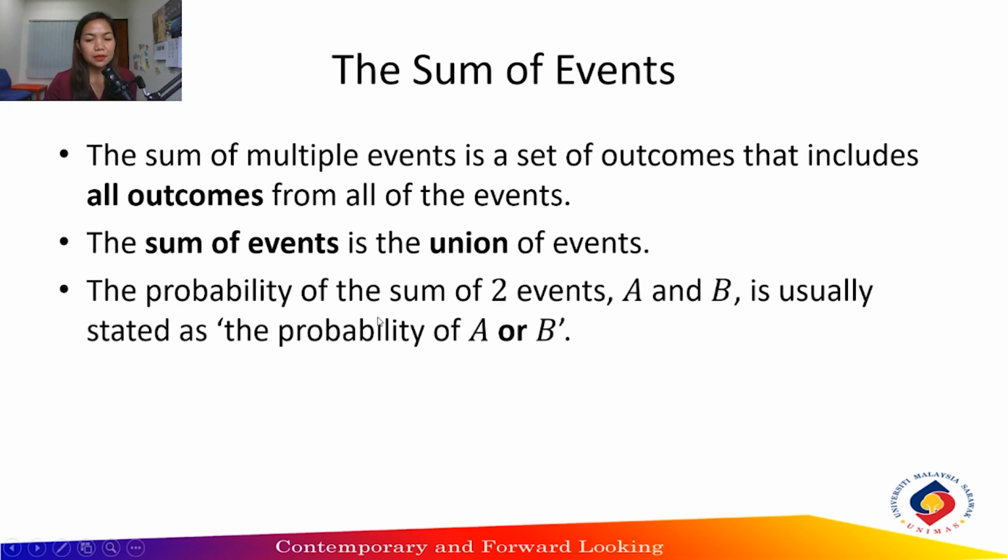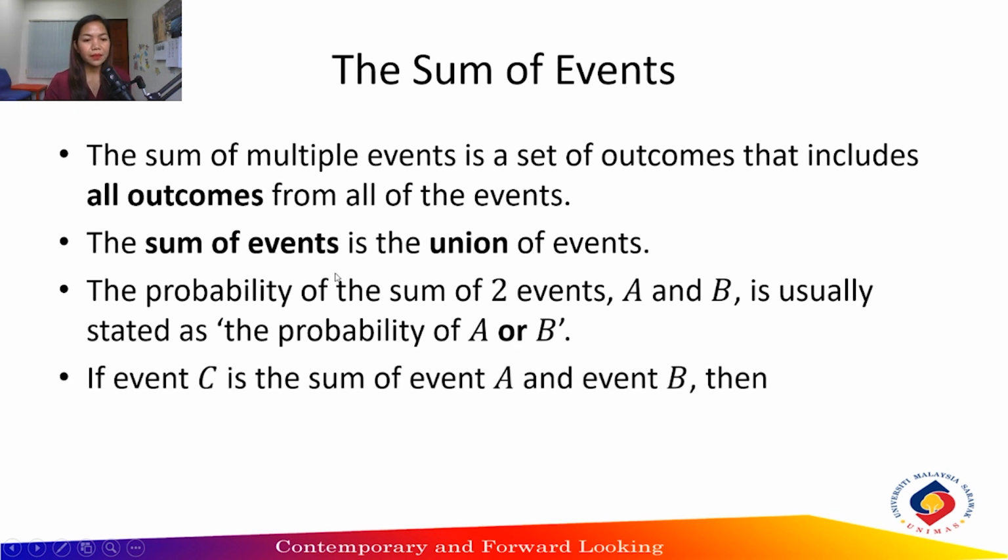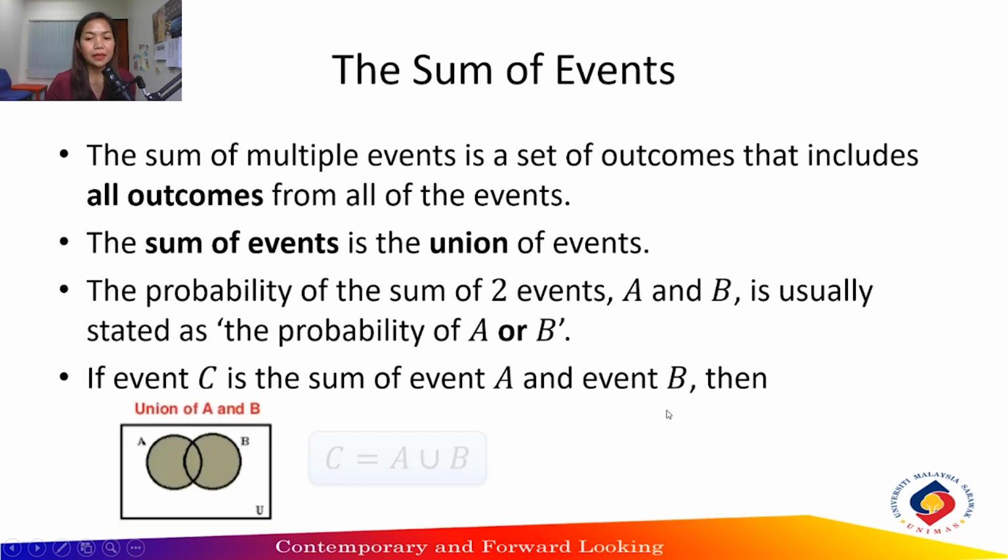The probability of the sum of two events, for example event A and event B, is usually stated as the probability of A or B. So for the sum of events, we will have this word "or". If event C is the sum of event A and event B, then C is the union of A and B. So C is equal to A union B.